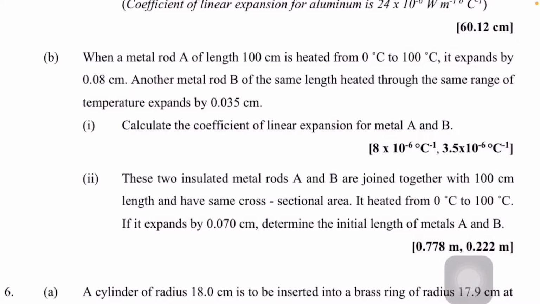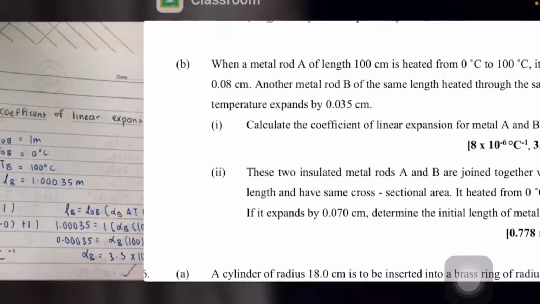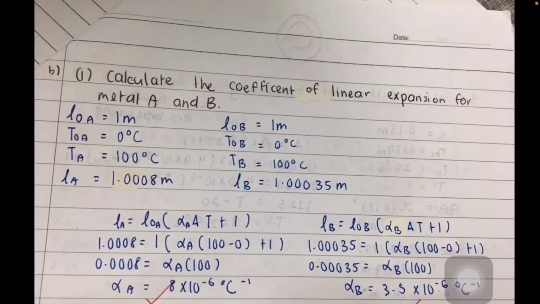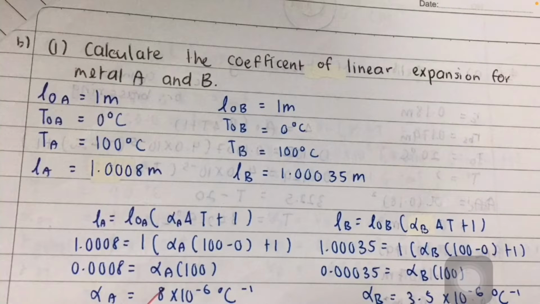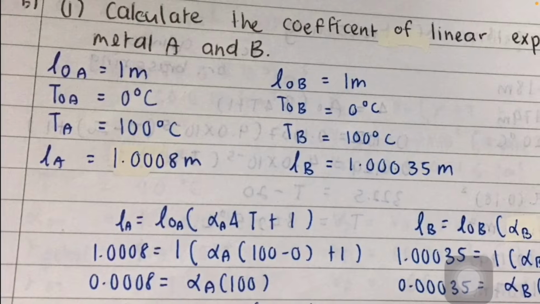For B1, they want to calculate the coefficient of linear expansion for metal A and B. So we want to find the alpha of metal A and alpha for metal B. In this question, first of all, we must put out all the information that we can get.